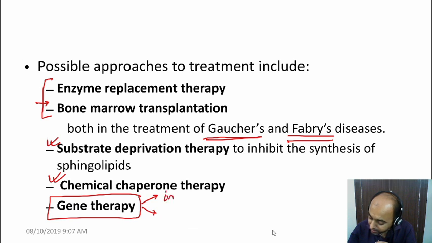Previously, it was the in vitro type. The in vitro type has a very low success rate. Then came what is known as ex vivo.